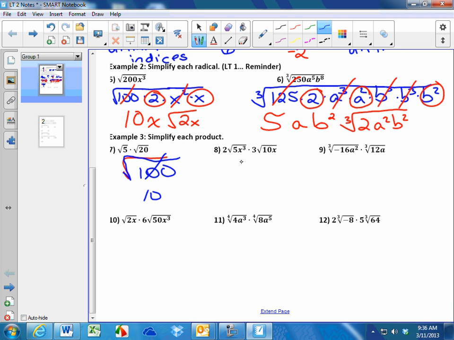So you kind of multiply the things out front, the coefficients in that example, and you multiply the a's, right? Same thing here. You multiply the 2 and the 3, get 6. And then you multiply the square roots. 5 times 10, which is 50, and x cubed times x, x to the 4th.